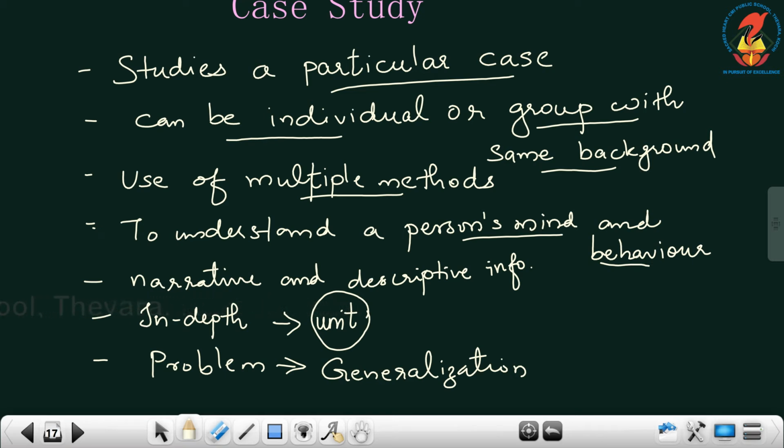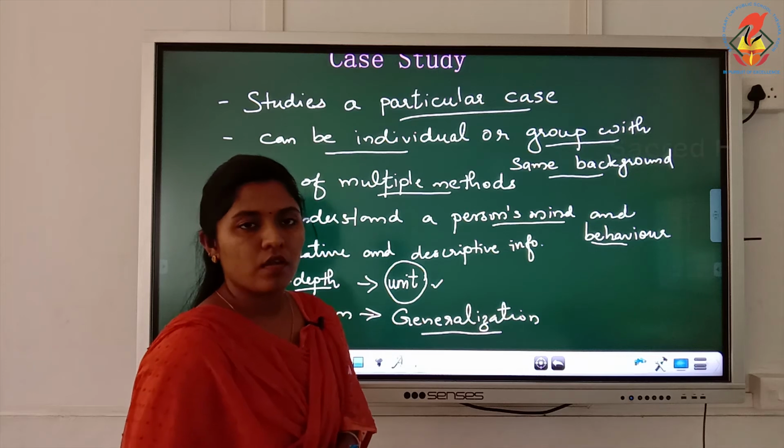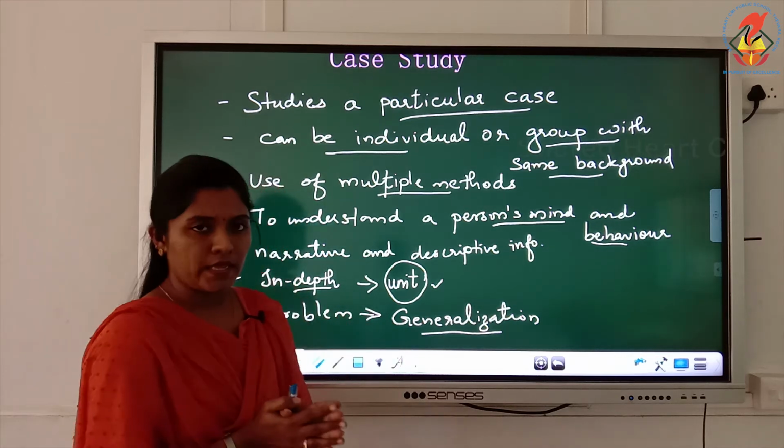Again, in case study we do an in-depth study of a unit. Then the problem of case study is generalization. We cannot generalize everything that we research on. Okay, so that is all about case study.